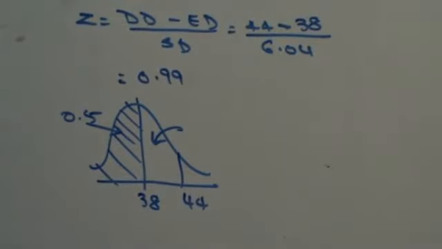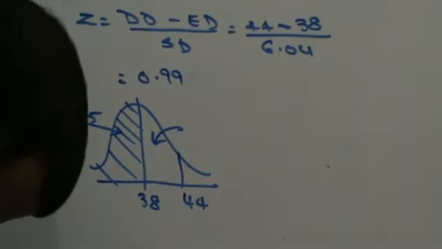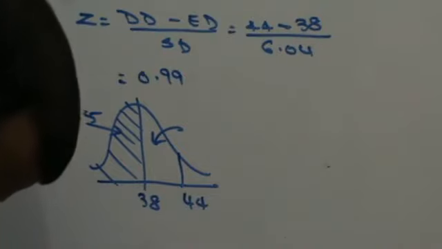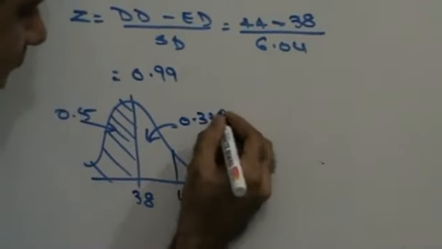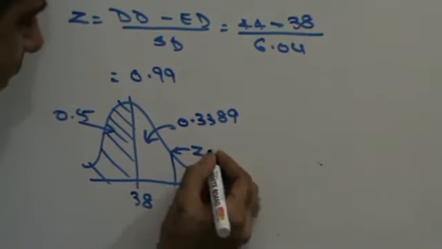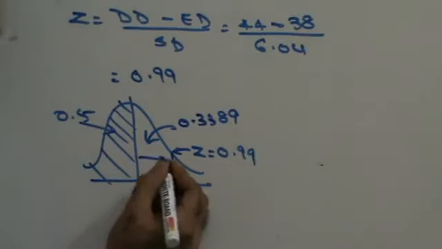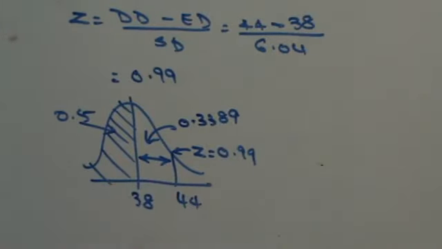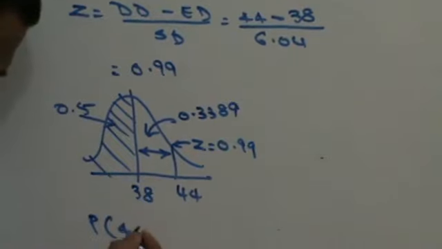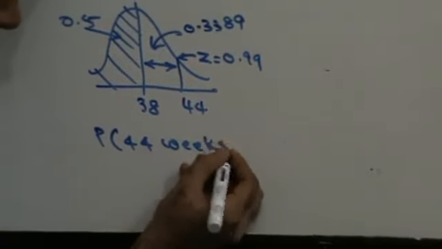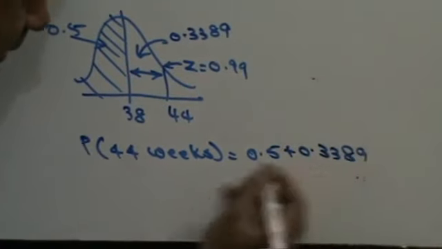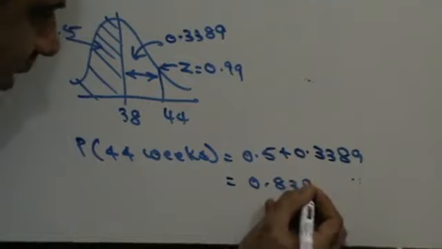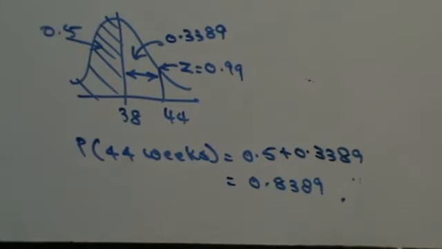If I look at 0.99, it is 0.3389. This point is Z, which was 0.99. So this area is 0.3389. So probability that the project is completed in 44 weeks is going to be 0.5 plus 0.3389. That's 0.8389. That's the probability that the project will be completed in 44 weeks.